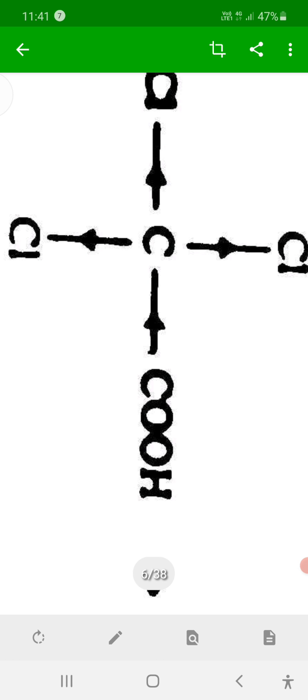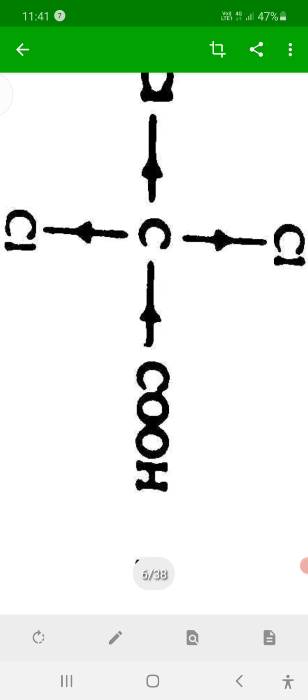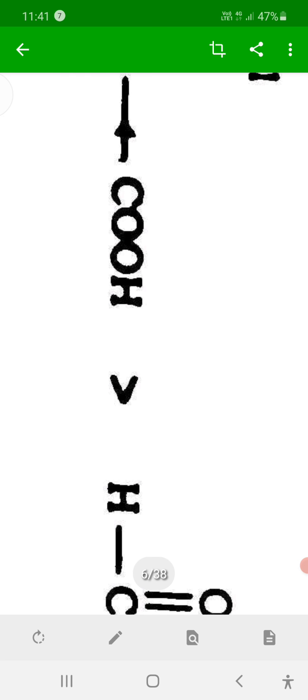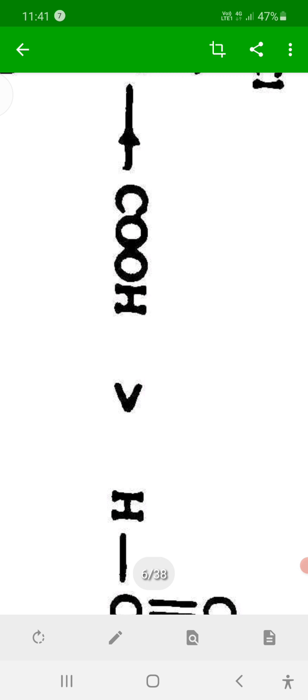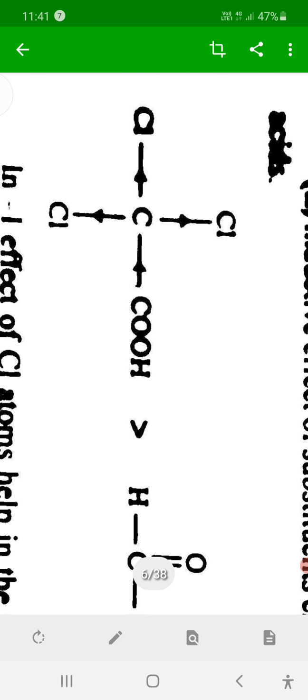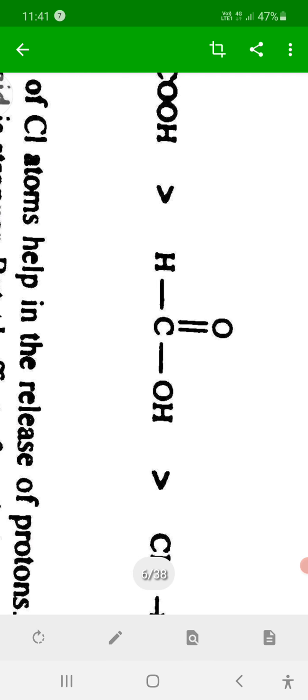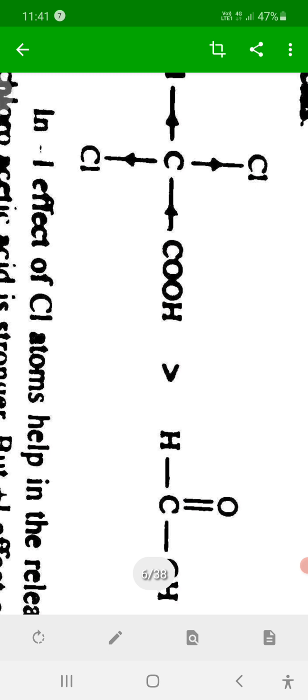As a result, the carbonyl carbon of the COOH group becomes more electron deficient, and therefore the OH bond strength decreases, and it easily loses that hydrogen, and therefore acidic strength increases as inductive effect increases. Here 3 Cl, therefore more acidic.